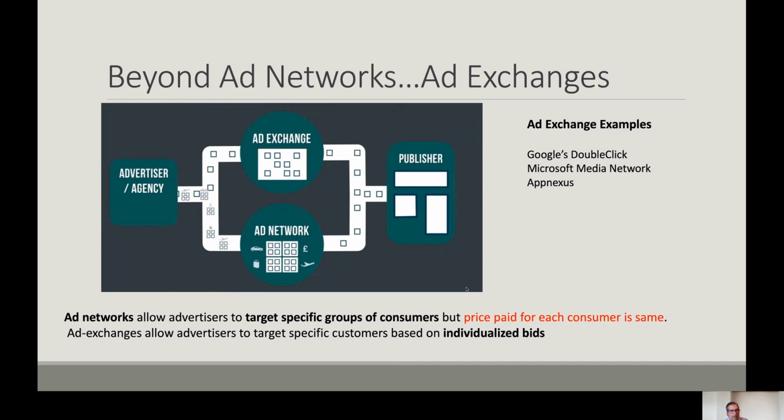So the ad network is going to make available these 100,000 impressions targeted in the way that you wanted, where each 1,000 impressions cost you a certain amount of money, say $1 for 1,000 impressions.